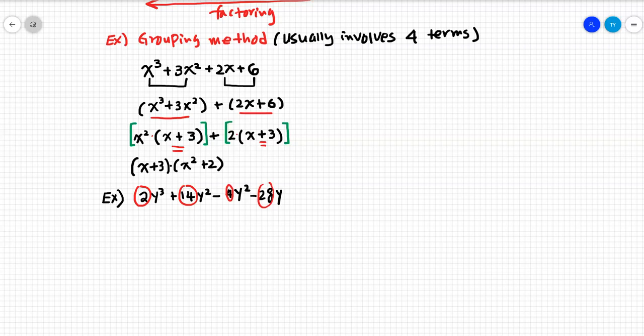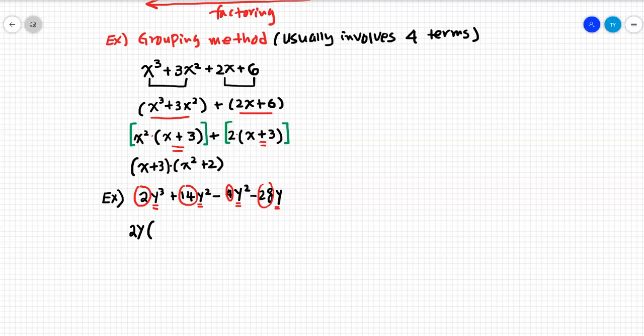So I'm going to take out the 2 as the common constant. So there will be a 2. The other one here is the y term. So we have y cubed here, y squared over there, and y squared over there, and the y. So the biggest power of y that I can take out is going to be y. Alright, so I'm just going to take out the y.